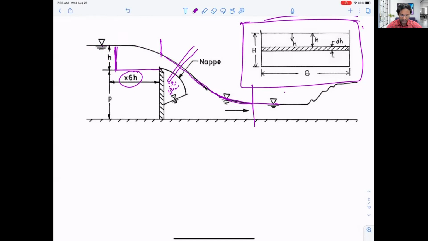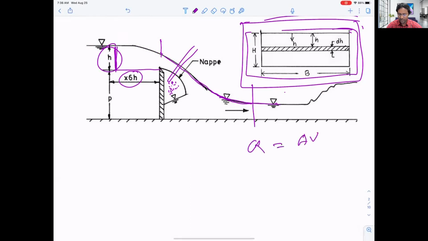The section is horizontal, and it is even a rectangular section. So we can easily calculate the cross section, and if we know the velocity, we can calculate the flow rate. We know from the continuity equation that Q is equal to AV. If we know the area and V, then we are done.